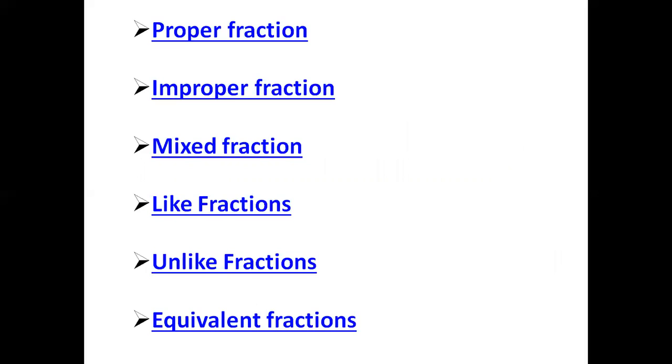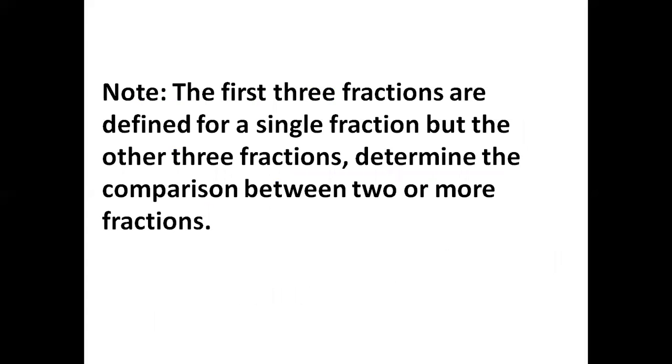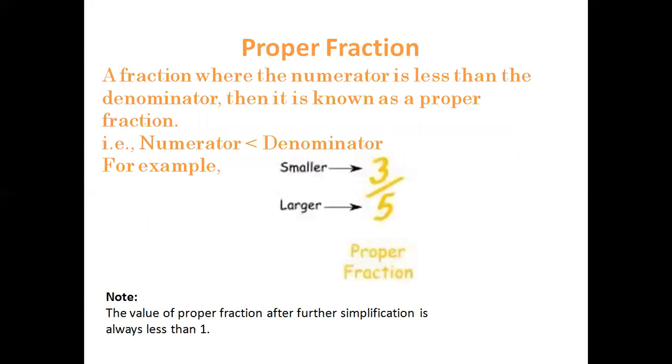These are proper fraction, improper fraction, mixed fraction, like fractions, unlike fractions, and equivalent fractions. Remember, the first 3 fractions are defined for a single fraction, but the other 3 fractions determine the comparison between 2 or more fractions.